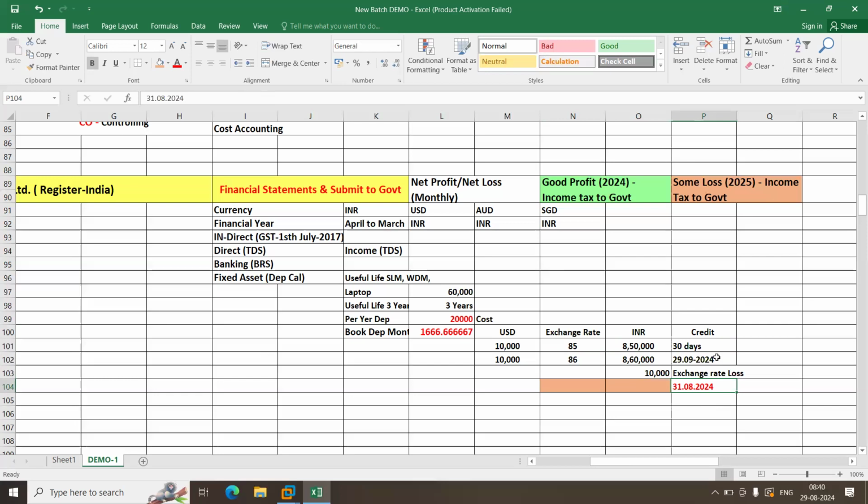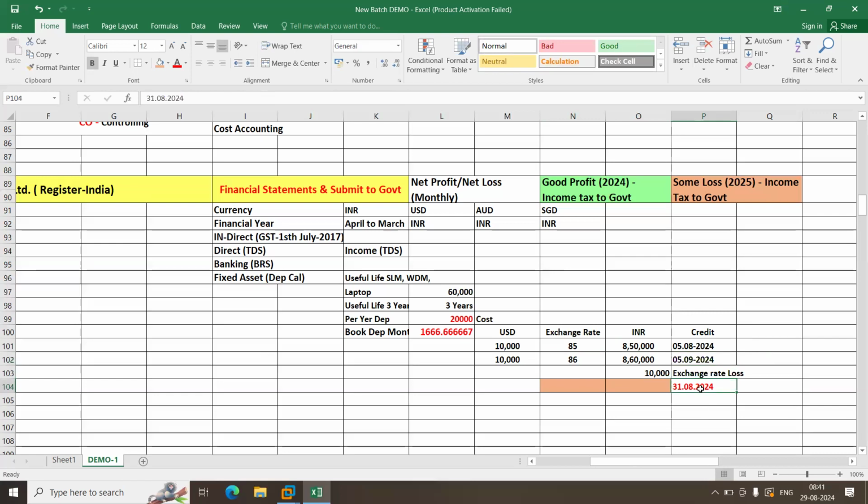Or else we can take an example like this. On 5th August, you have purchased one bill. Then you have a due date of 5th September. Means when you're coming to month ending, we have another 4 to 5 days for the payables, right?